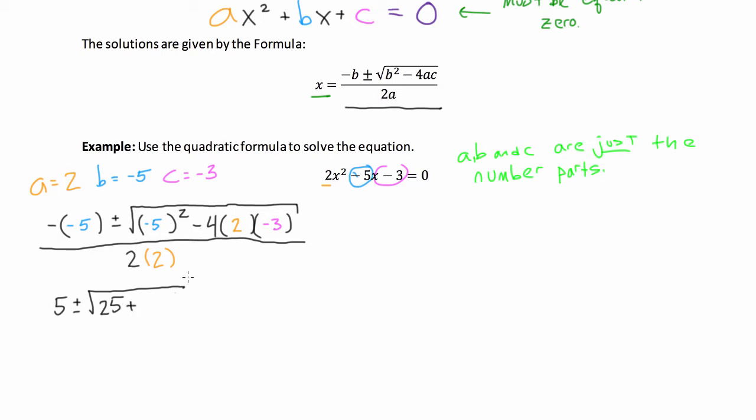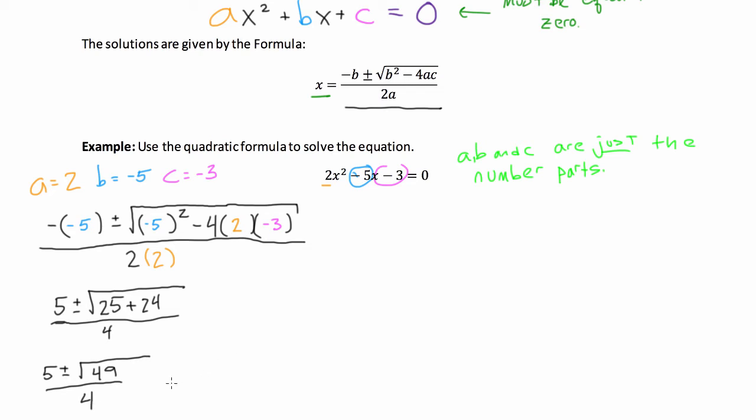So that's going to be plus, let's see, 6 times 4 is 24. And then on the bottom, I have 2 times 2, which is 4, of course. And now I can add these guys together. So I have 5 plus or minus the square root of 49 over 4.